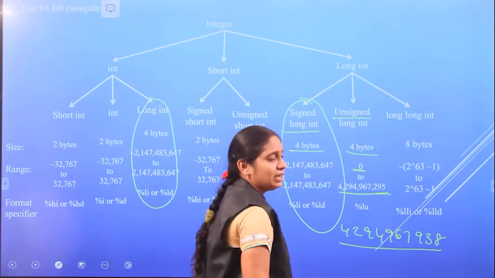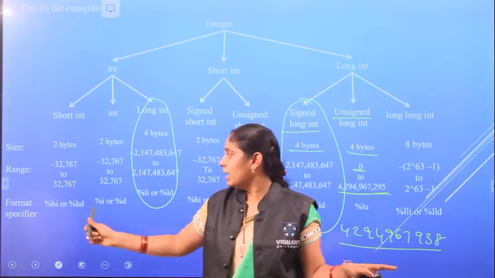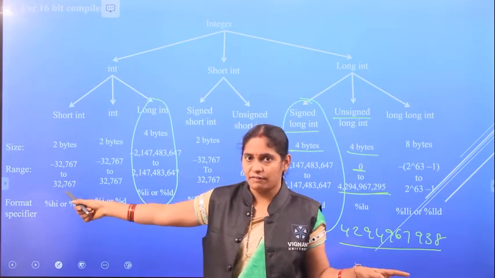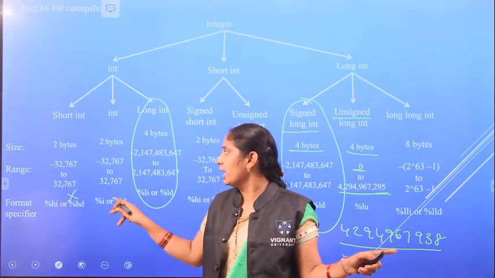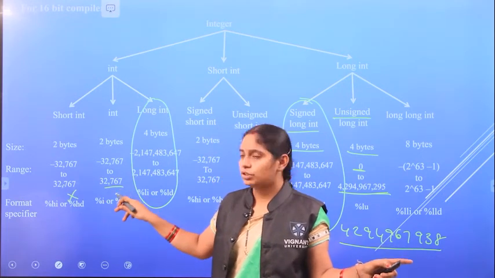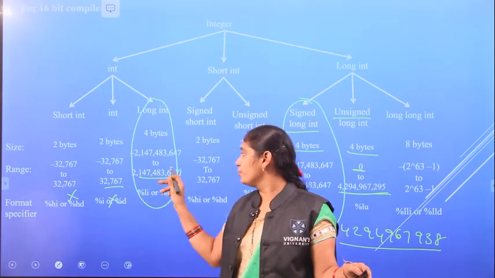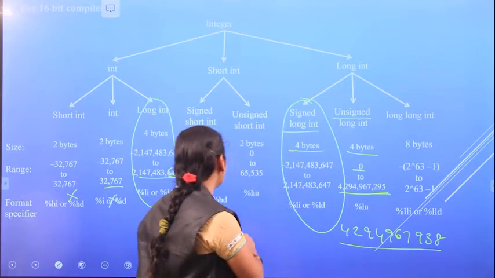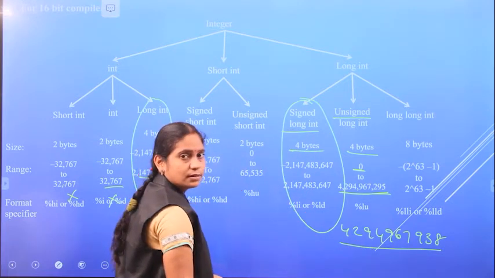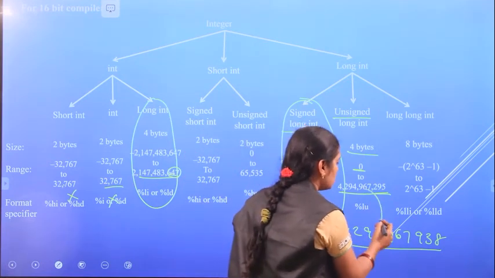How can we store this value? The maximum range here is 32767 only, but this value is more than that. So this is not sufficient. Coming to here, this is also up to 32767. This is also not sufficient. Coming to here, it is up to 647 only. But it is not sufficient. Then we'll come to the next. Likewise, observe each and every one. So this is also not sufficient.